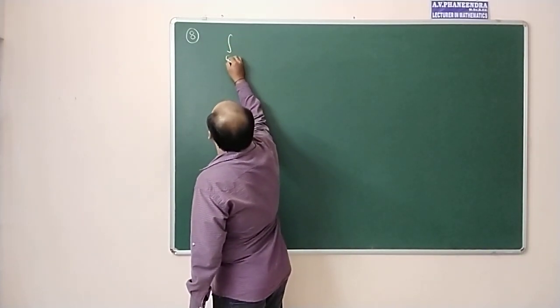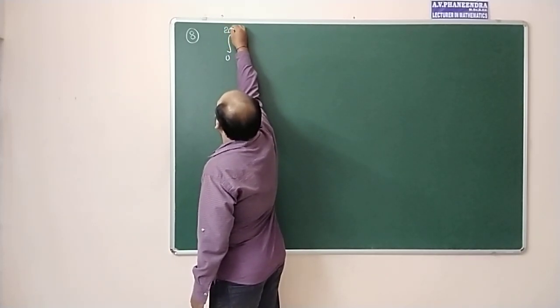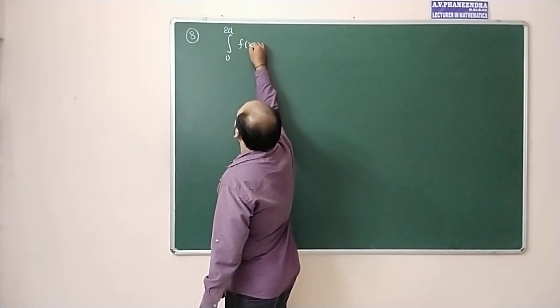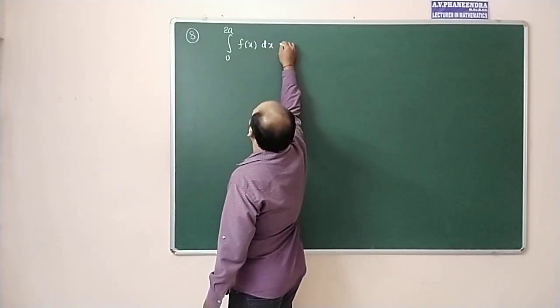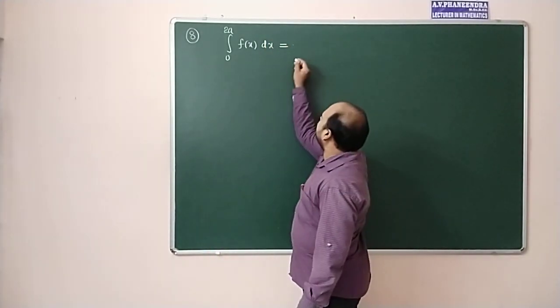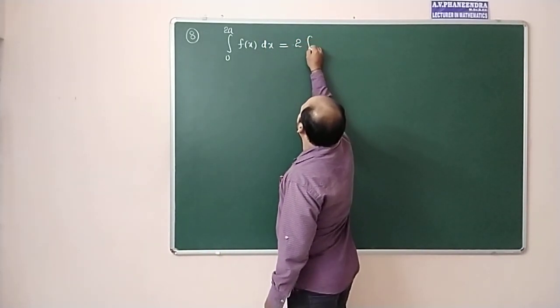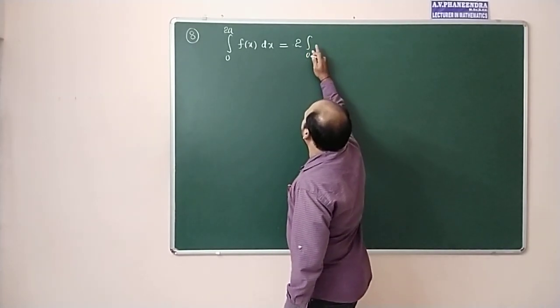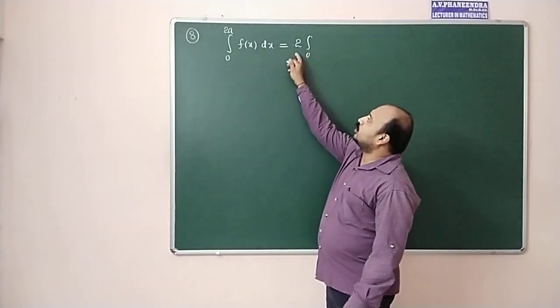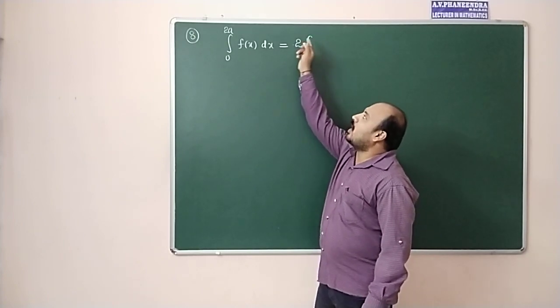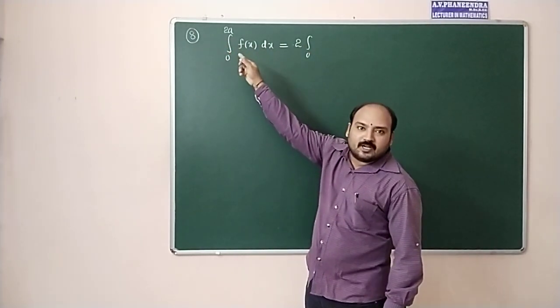Integral 0 to 2a of f of x dx is equal to 2 times integral 0 to, how to remember easily, 2 times integral 0 to half of the upper limit. Here the upper limit is what? 2a.